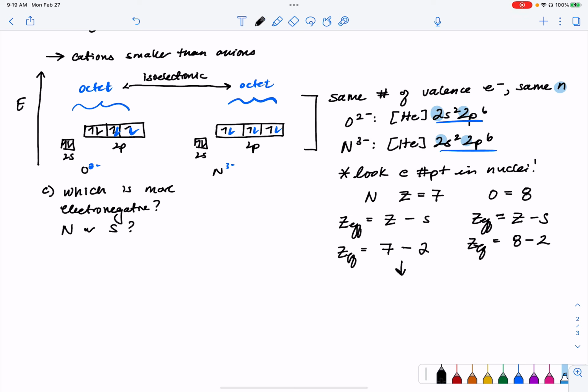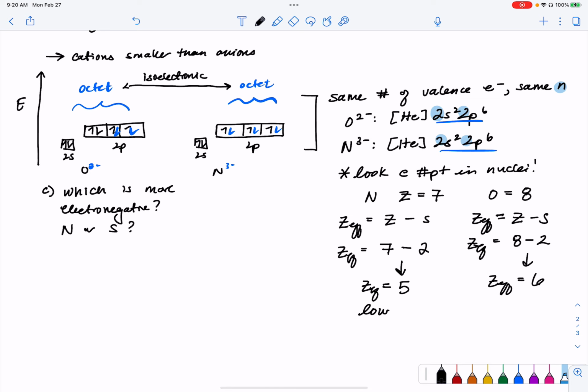So if I were to calculate the effective nuclear charge for each of these ions, I would see that the effective nuclear charge, or how well these valence electrons perceive the pull of the nucleus, in the nitride ion is 5, whereas the strength of the effective nuclear charge from the oxide ions is 6.